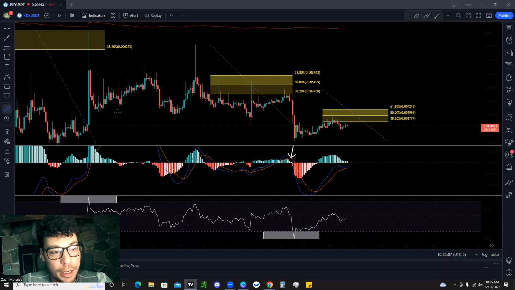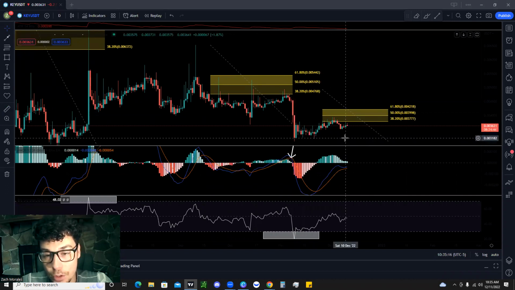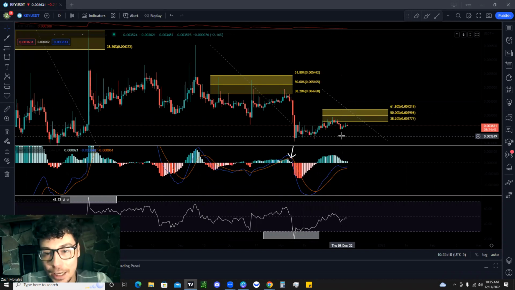We can take our measuring tool and look at the candle where we got that. We got that on this candle and it dropped 35% afterwards, which indicated a sharp drop. Now the MACD is a lagging indicator, so it's going to be a little bit slower and a little bit behind some of the other things. You have to keep that in mind.